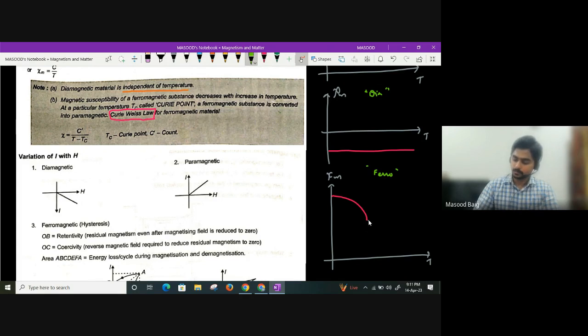Then after a certain temperature called the Curie point, above this temperature, it will become paramagnetic. So when it is becoming paramagnetic, you can take a rectangular hyperbola. Clear all of you? So these are the variations of susceptibility and temperature for para, dia as well as ferro. Clear everyone?